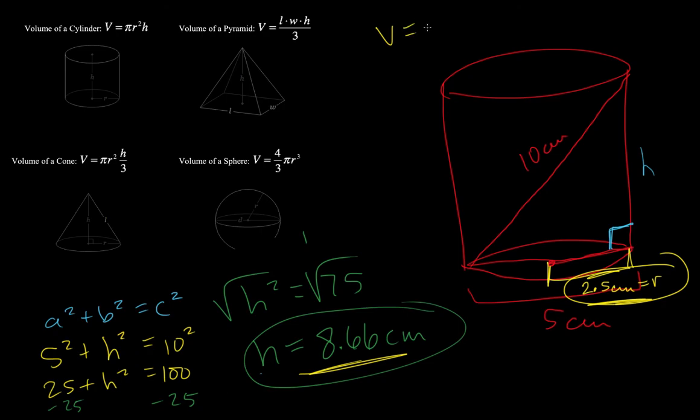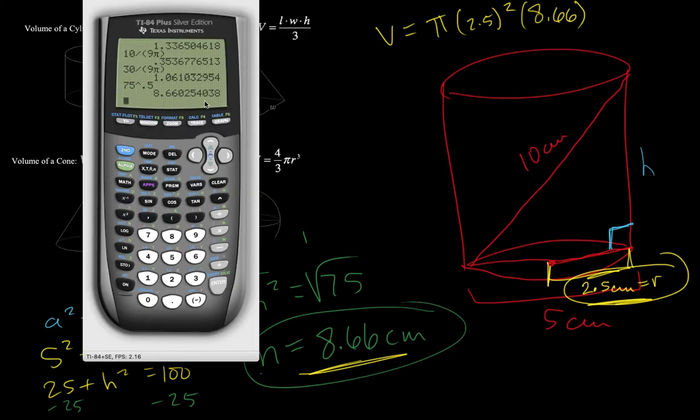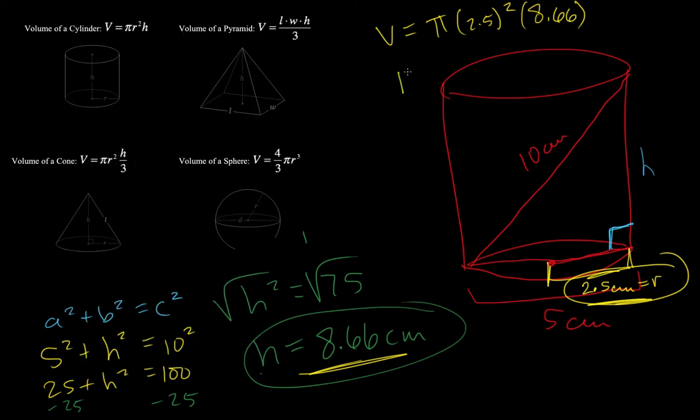So V is equal to pi r squared, which is 2.5 squared, times the height, which is 8.66. So I'm going to go back to my calculator. I'm going to use the full version of my 8.66. So I'm just going to say times 2.5 squared, and then I'm going to multiply that by pi, and I get 170. And once again, it's measured in centimeters, and this is volume, so it would be centimeters cubed.